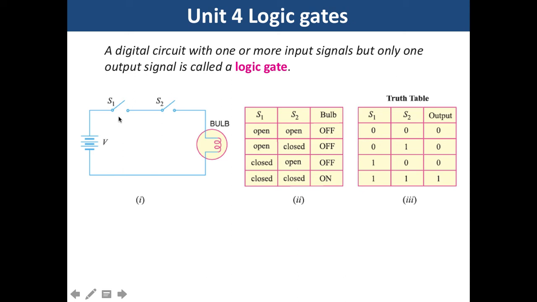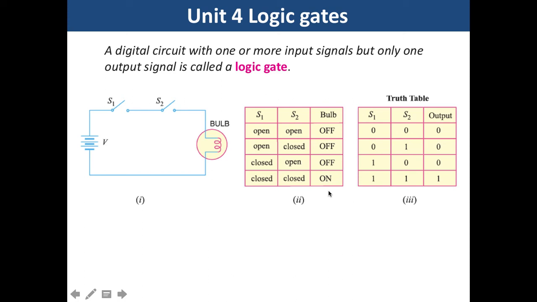First switch open, second switch closed, bulb is off. First switch closed, second switch open, bulb is off. And if both switches are closed, bulb is on.